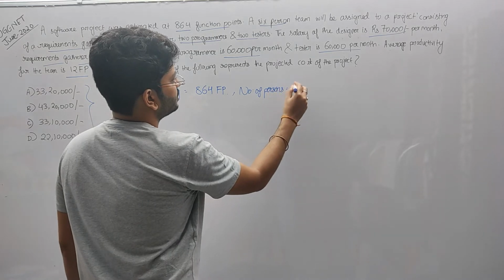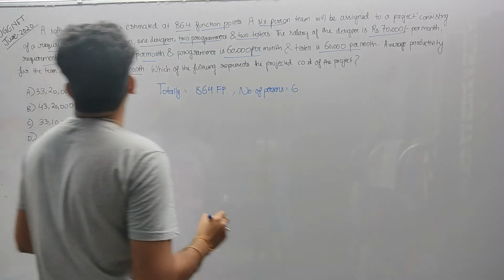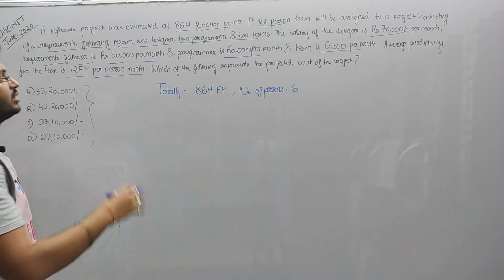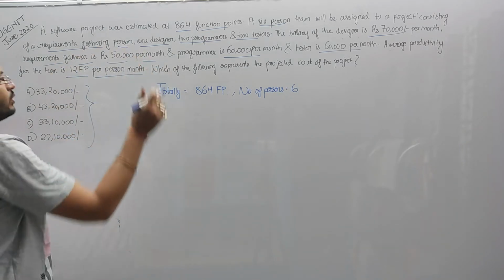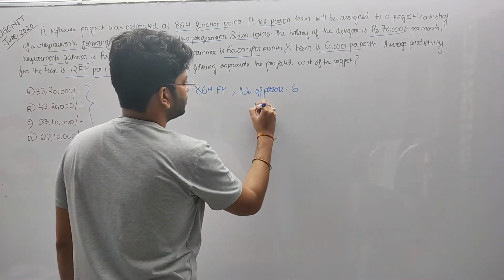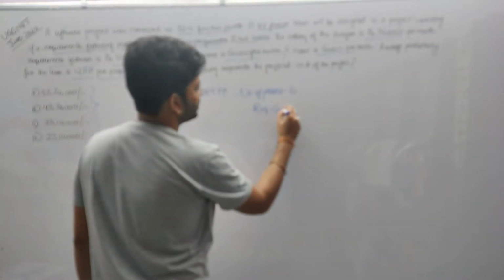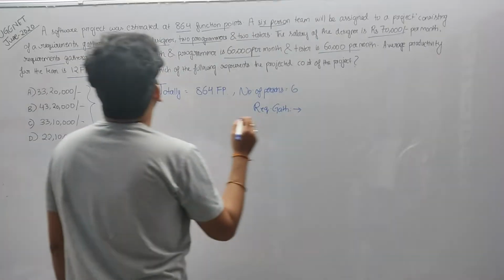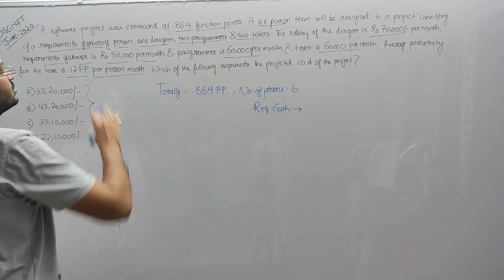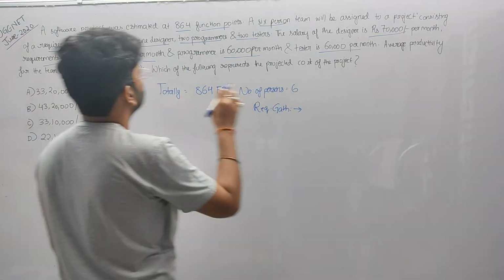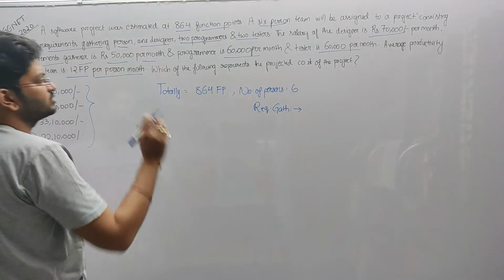Number of persons is equal to 6, and now I am dividing the persons on the basis of their role in the project. Requirements gatherer, writing in short, there is one requirements gatherer and his salary is 50,000 per month.